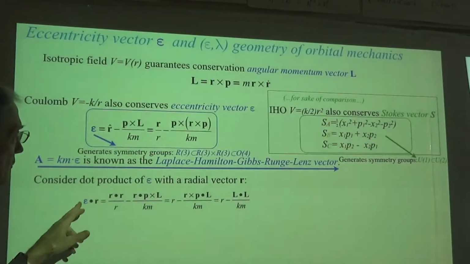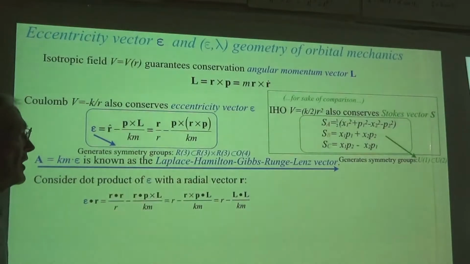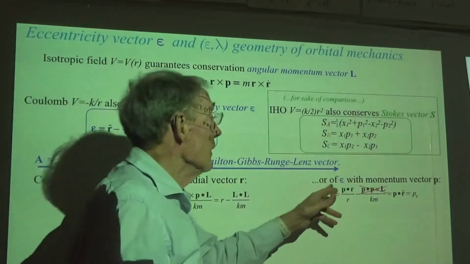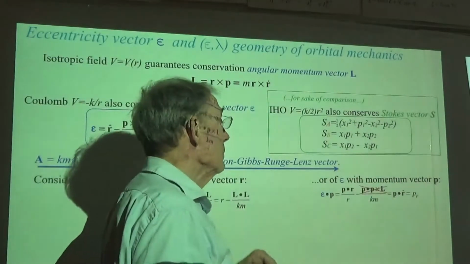Okay? If you take epsilon and dot it with a radial vector, just look at the components of it, or dot it with a momentum vector, we're going to do both here.